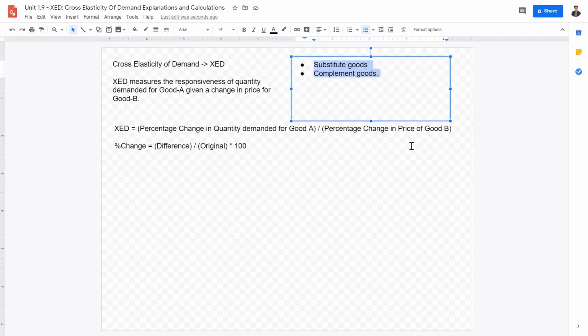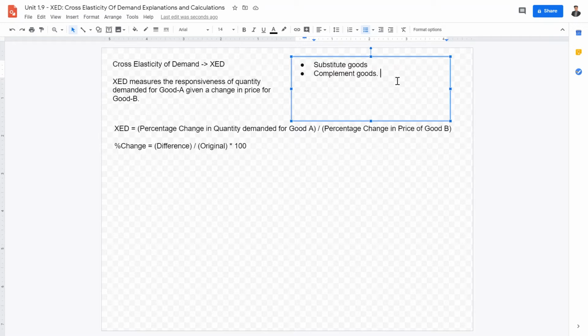So we have talked about substitute goods and complementary goods. Substitute goods basically means that they're a substitute to each other. Now let me give you an example. McDonald's Big Mac and Burger King's Whoppers are substitute goods.